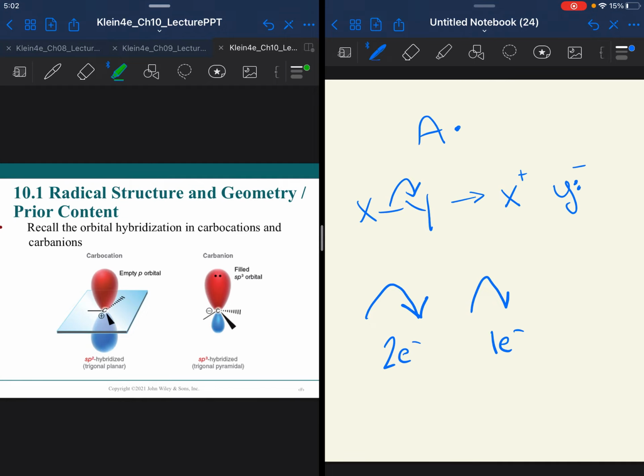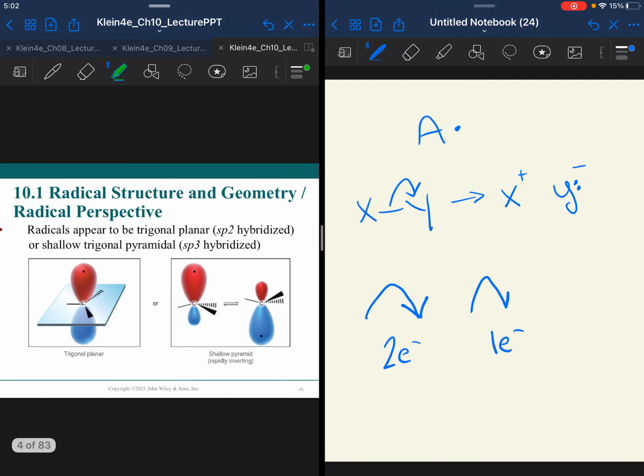We think of a carbanion as still having that sort of trigonal pyramidal geometry, and a radical somewhere in between. That can sometimes lead to some interesting stereochemistry. A lot of times we think of it more as flat, but the reality is it's somewhere in between trigonal planar and a very shallow pyramid.